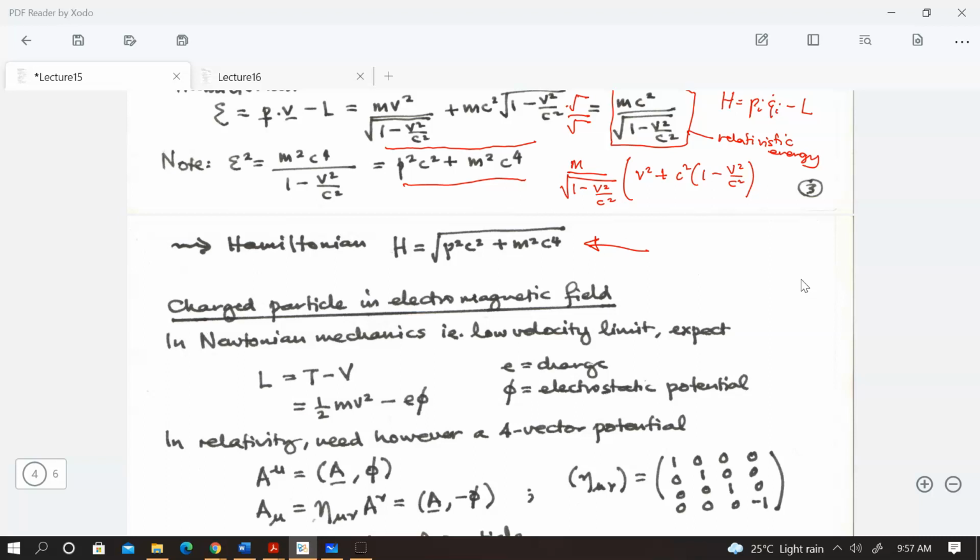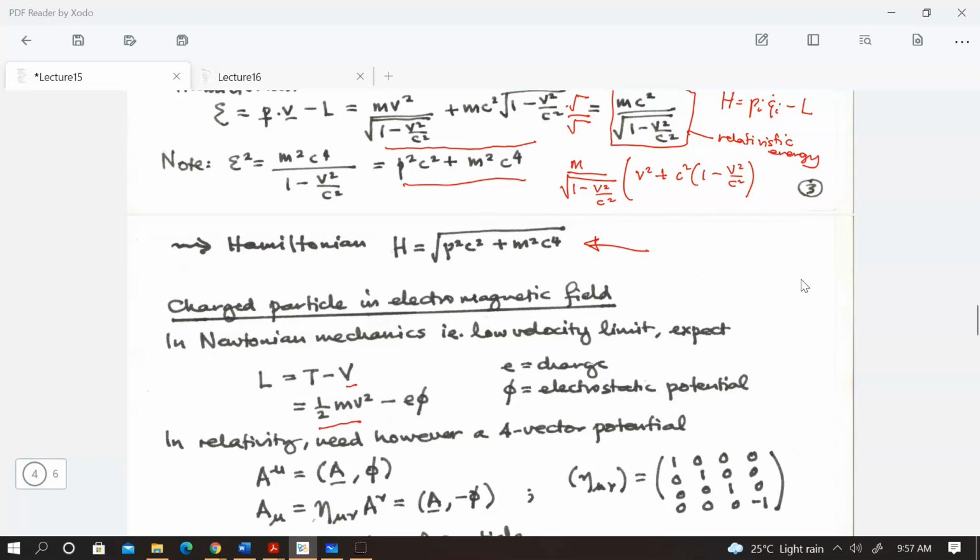In the ordinary context of Newtonian mechanics, this would be given by your kinetic energy T minus V. And the potential energy would correspond to your electromagnetic field, now written in terms of your electrostatic potential, your scalar potential.